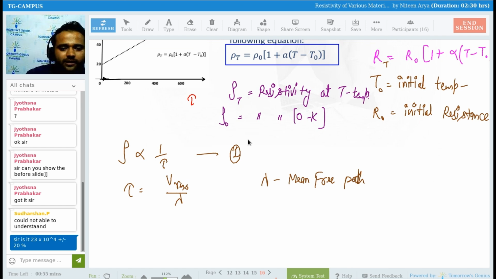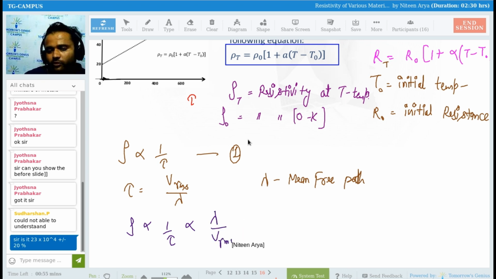So combining these things, rho is inversely proportional to 1 by tau, and tau is as above. So from here we get this relation of temperature dependence. Why so? Because root mean square speed increases with temperature and mean free path decreases. So the resistivity and the resistance of a material also rise with temperature.